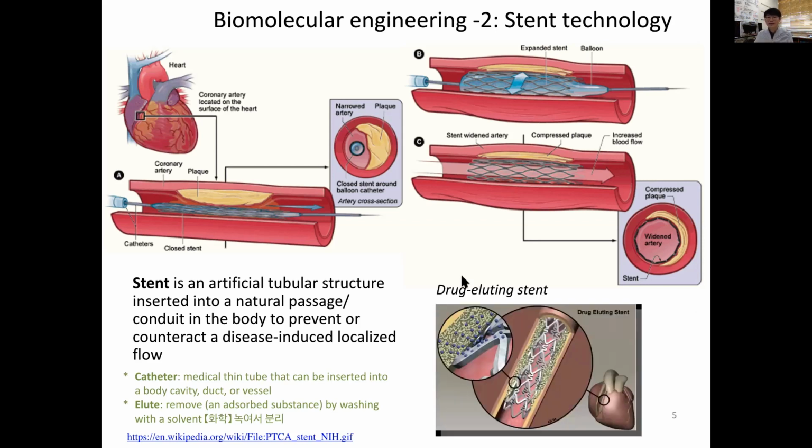A drug-eluting stent is where you coat the drug on the surface of a stent, which is usually metal, and controlled release of the drug will prevent the plaque from growing and prevent re-stenosis. So this is a wonderful idea. Even though this is more expensive, many patients and many procedures actually use this drug-eluting stent. Elute means to remove by washing with a solvent.